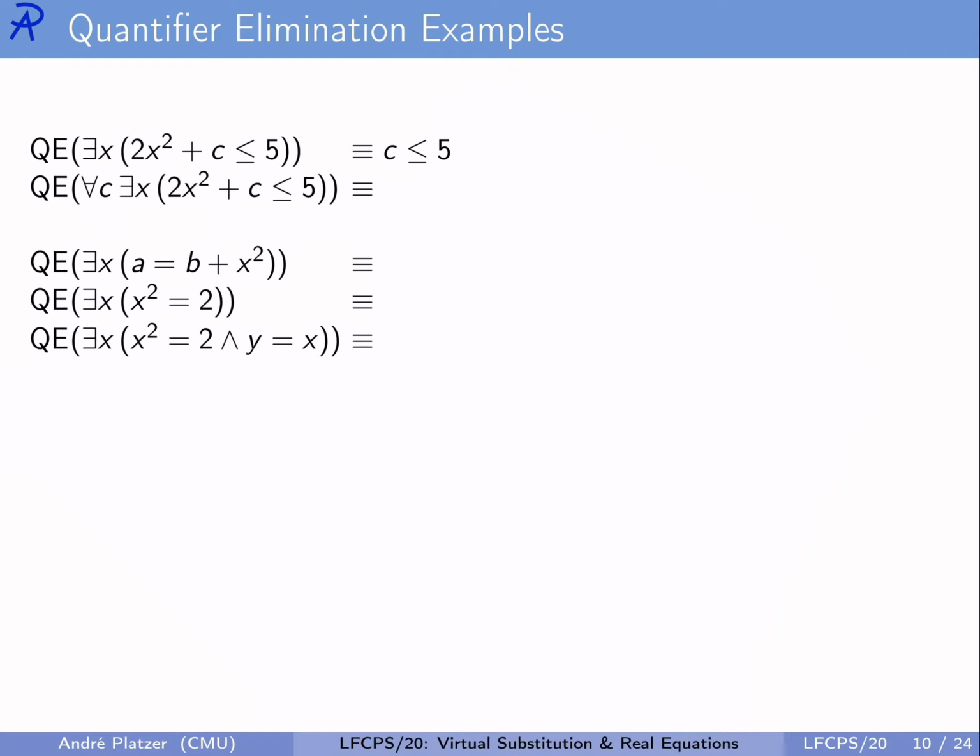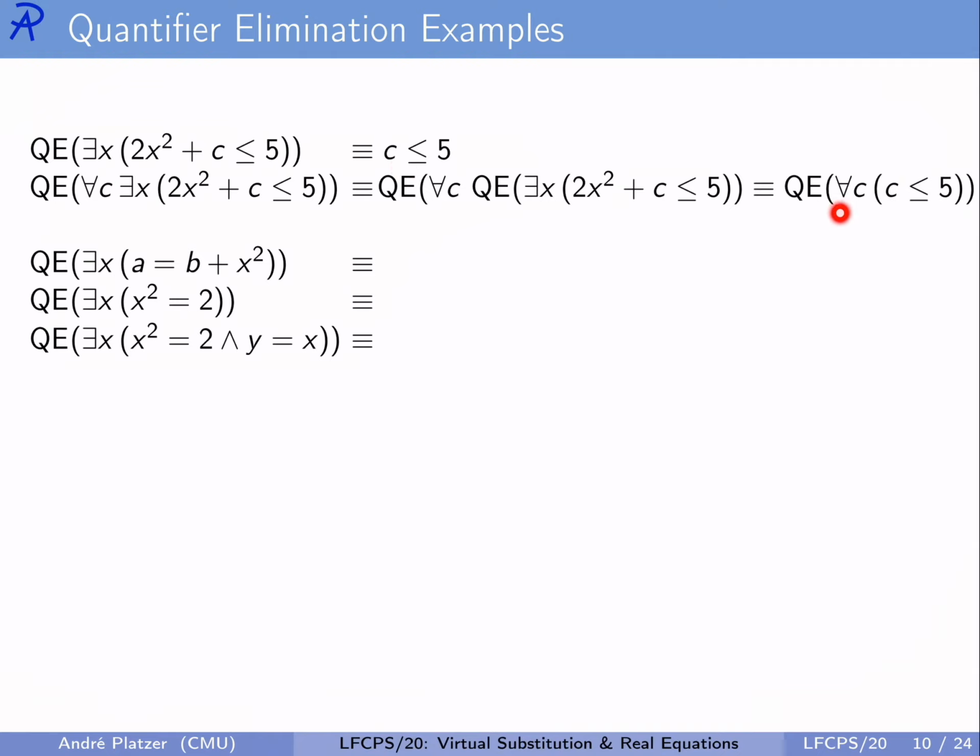Now, if we ask, for example, a formula like, for all c there exists an x such that the same thing again, well, then I guess we could ask, can we quantifier eliminate the result of already having quantifier eliminated the inner quantifier exists? We can eliminate one quantifier at a time. Now, the inner one we just computed is equivalent to c less or equal 5.